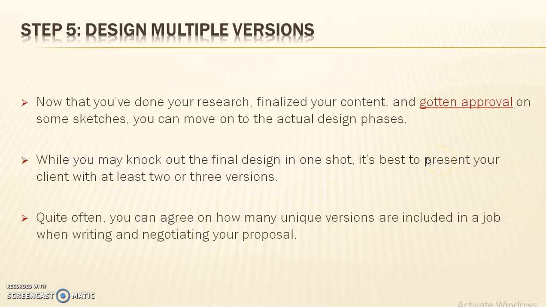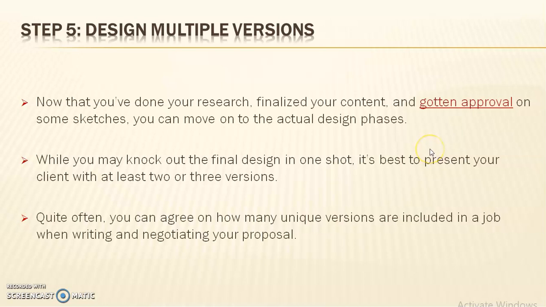Quite often, you can agree on how many unique versions are included in a job when writing and negotiating your proposal. Too many options will lead to too much unnecessary work and may overwhelm the client, which may frustrate you in the end.